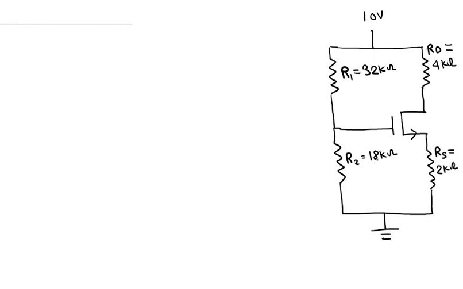Note that this arrow over here is put at the source, just like in a BJT the arrow is put at the emitter. The arrow denotes the direction of current flow. In an N channel MOSFET, the current flows from the drain to the source, and current gets out from the source.